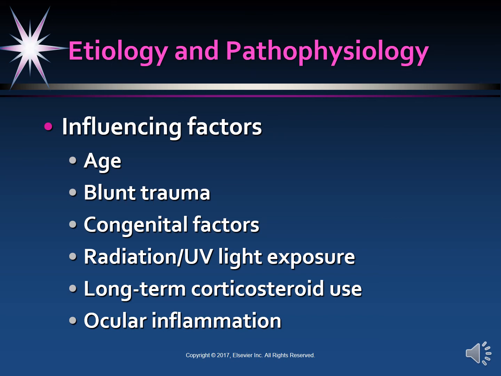Maternal rubella can cause a congenital cataract. UV light exposure, so that's an important patient teaching piece about proper eyewear. Long-term corticosteroid use, which we talked about, and ocular inflammation. Also diabetes. Clients that are diabetic have cataracts at an earlier age.